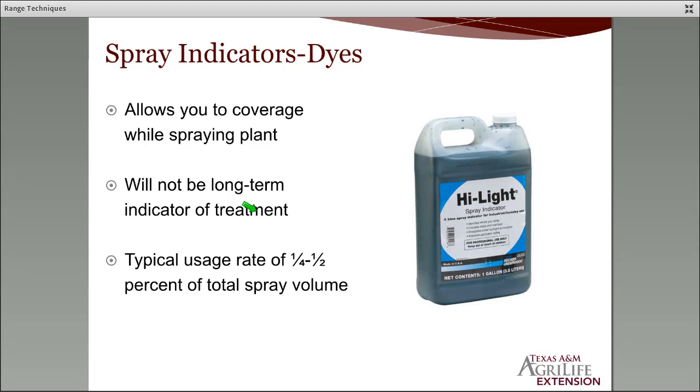One thing I will say is it is not a longer-term indicator. If you think I'm going to go spray mesquite this weekend, I may come back next weekend and pick up wherever I left off at. Good luck. You may need to wait until the plants you sprayed start to die before you see. The usage rates, typically 1/4 to 1/2%.